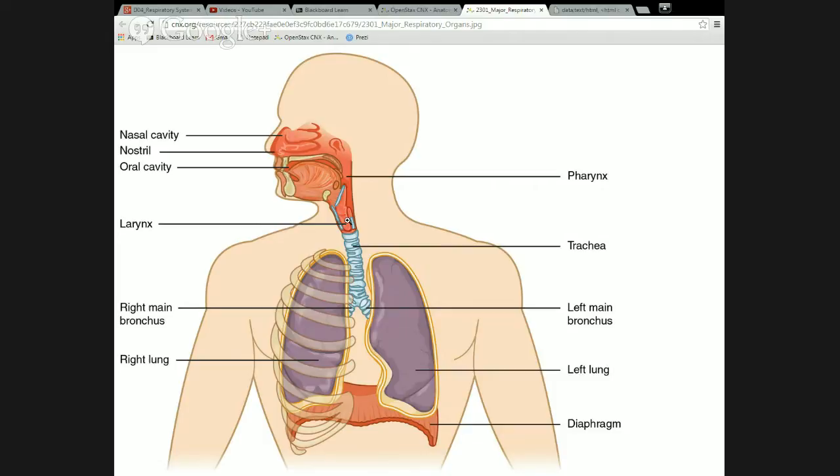So this model shows all of the lower respiratory tract, and it's predominantly this light blue color, which is what we associate with cartilage, because that's what's really keeping everything open. Now I have this other model here that shows the larynx in a bit more detail. And actually, let me switch to a picture of the larynx.